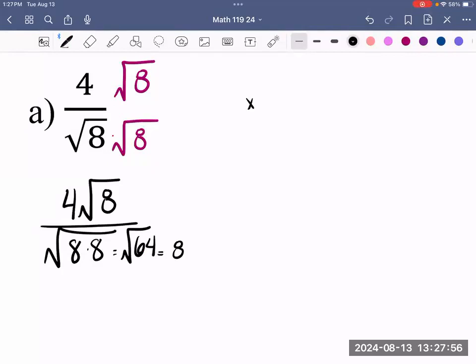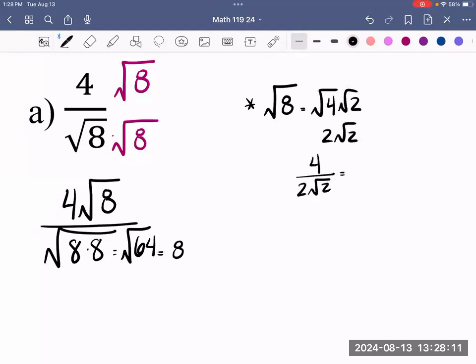You could also, if you wanted to, say the square root of 8 is really the square root of 4 times the square root of 2, so 2 root 2, and then throw it back into the problem and simplify it a little bit before getting started. So you have 2 over the square root of 2.